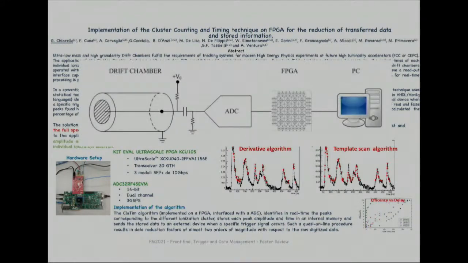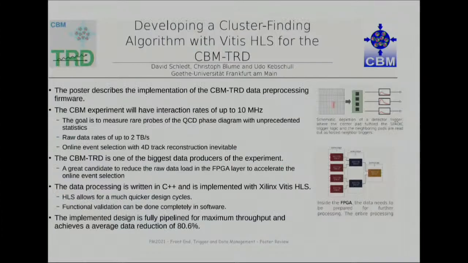What it's really about is you have the detector, the ADC, and then the FPGA that does the calculation of the tracking, and then you carry on to the proper data acquisition and the storage. By doing the tracking in the FPGA, in this example, they say they gain a factor of 100 in reduction of data. And for details on the algorithm, you have to refer to the poster.